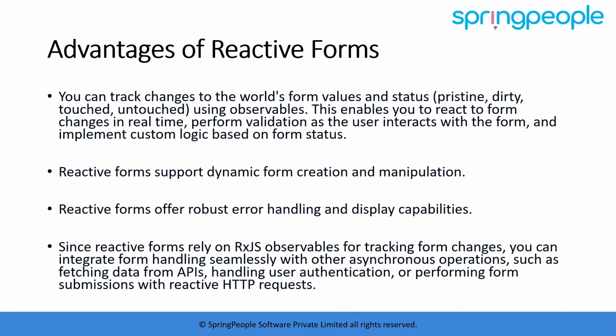So when I click into a particular field, it has to look for the validation. It will perform the validation at that particular point. Any dynamic support necessary for any kind of manipulations is provided to you in real time by your reactive forms. They also have excellent error handling capabilities, as you have seen through these observables that we already have available with us.